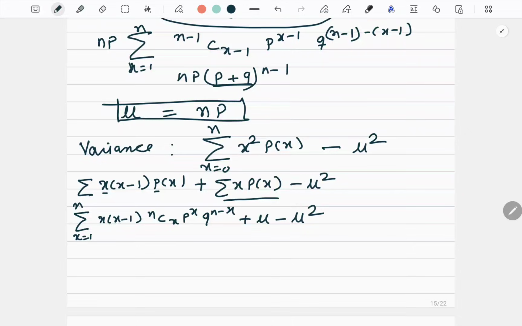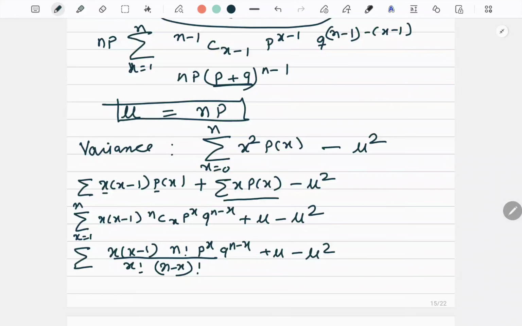Now I have x minus 1, so I will go one step, two steps down. Right? So let me first open that thing, then I'll open this. What is ncx? n factorial upon x factorial, n minus x factorial, p to the power x, q to the power n minus x, plus mu minus mu square.